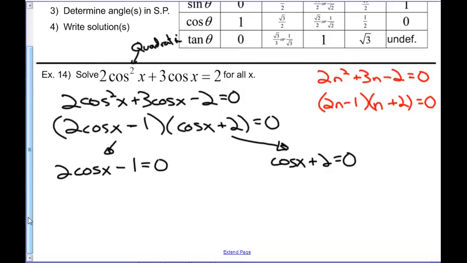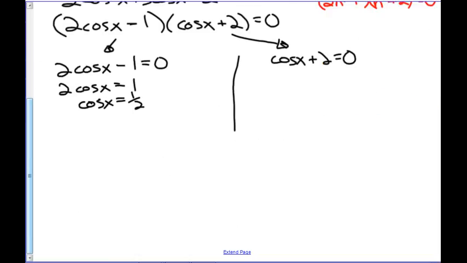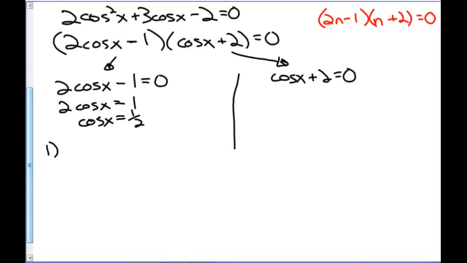Now this one over here on the left we solved in the last one. Here we're solving it for all x, so I'll just go through it real fast. Cos x equals a half. Okay, that means theta ref is going to be pi over 3. That means we're talking about quadrants 1 and 4.